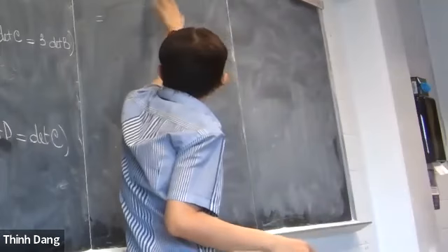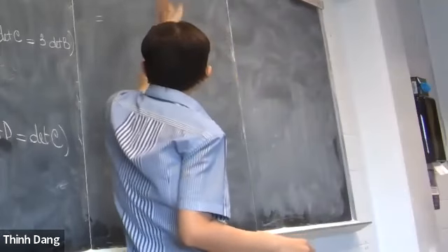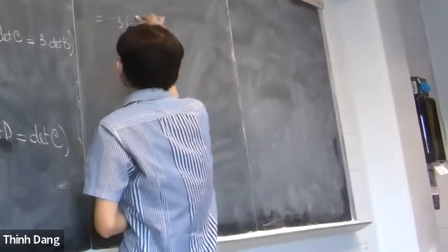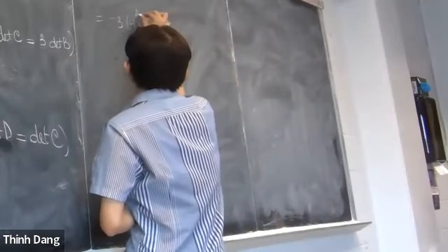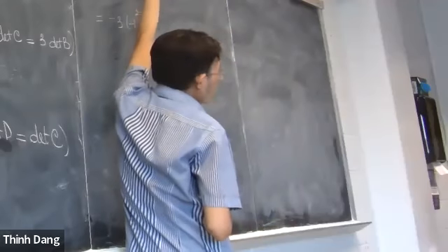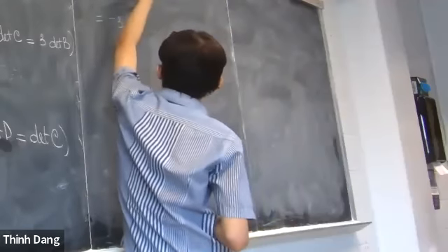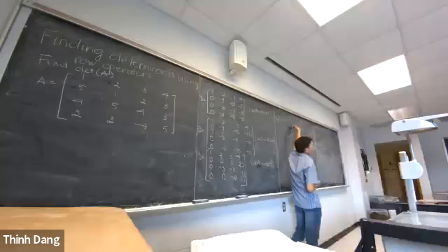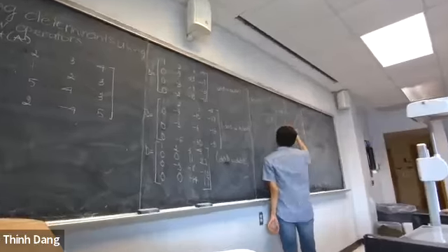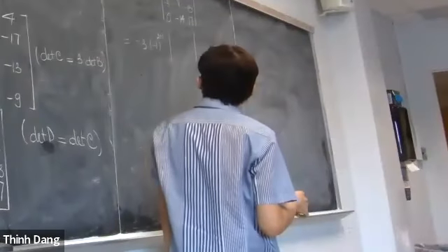So let's calculate this using Laplace expansion along the first column. So we should have -3 multiplied by -1 to the power of 2 plus 1. So this is lying on the second row and first column, so the exponent should be 2 plus 1. And then multiply this with the corresponding minor matrix.